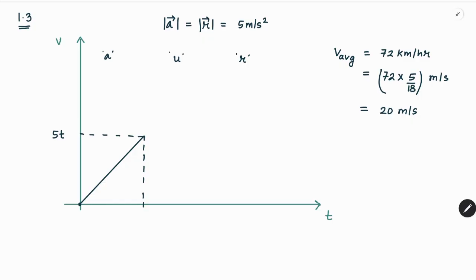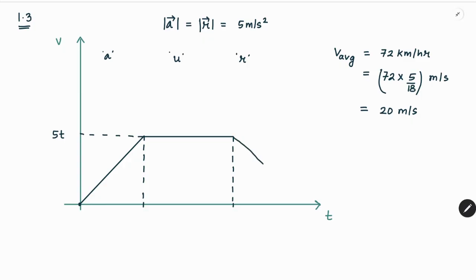Now this car is moving with uniform velocity for a certain span of time, and then it retards with the same magnitude till it comes to rest. So first acceleration, then uniform velocity, and then retardation.